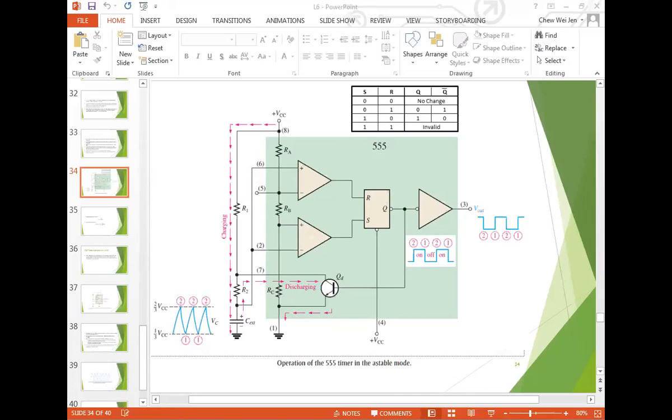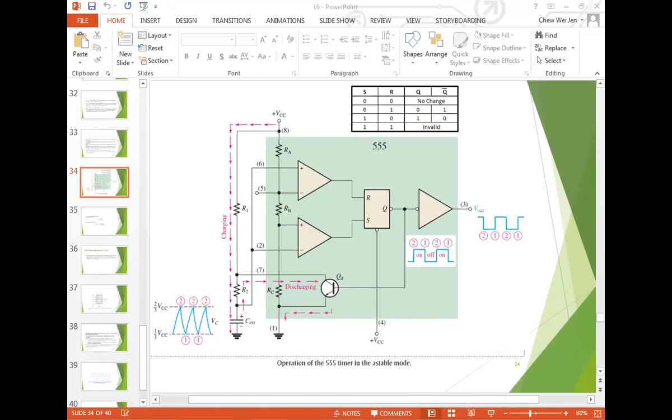Now if you look at both of your comparators, there are two inputs, correct? One input depends on the voltage across the external capacitor, and the other input is connected to this line. What we said yesterday, this line is a VCC line, and we have 3 resistors with the same value between VCC and ground.